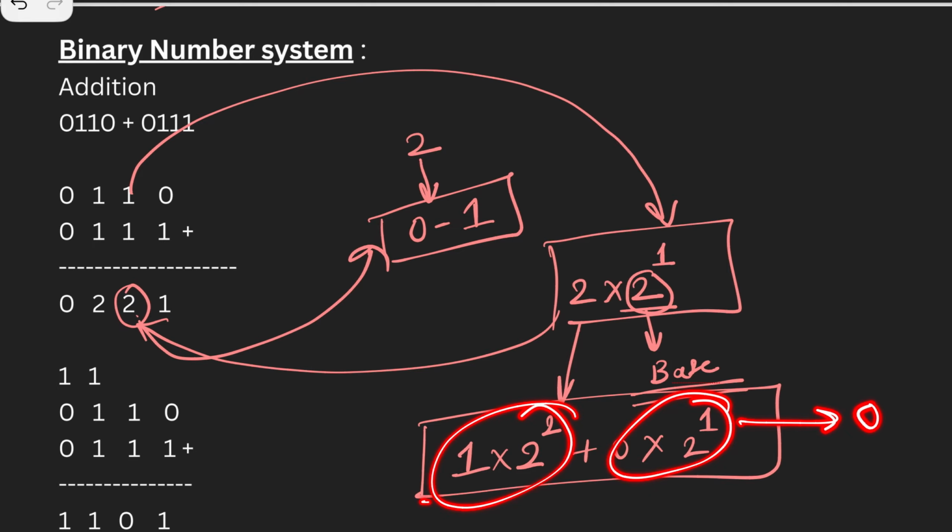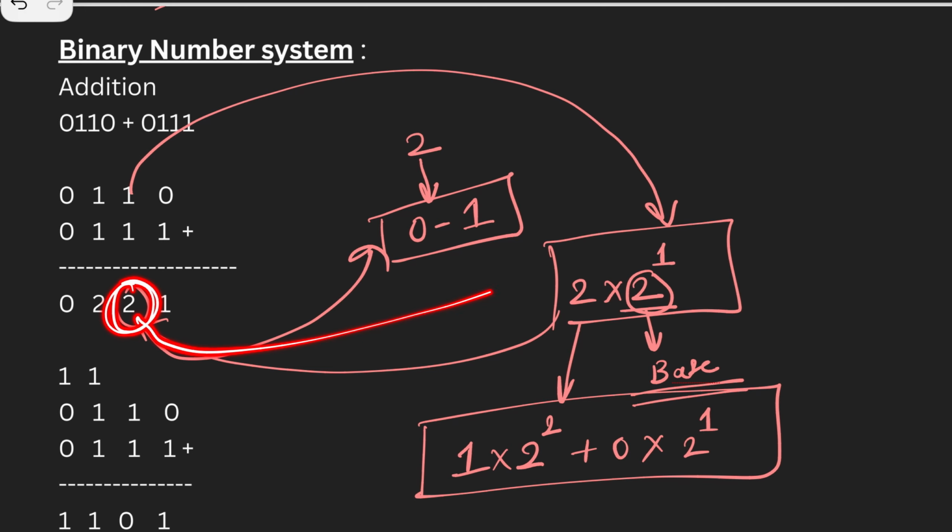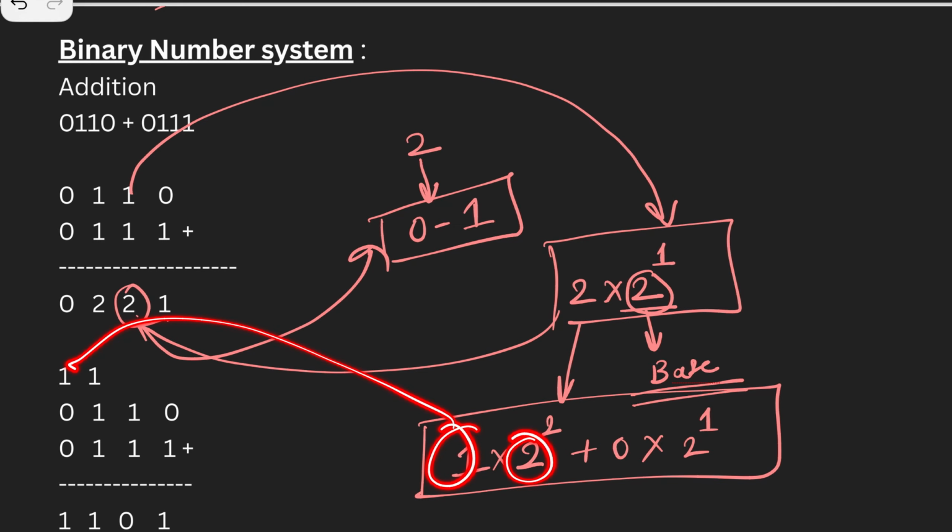And we have 1 into 2 to the power 2. This 2 into 2 to the power 1, we multiplied and we got 1 into 2 to the power 2. That means 2 at this particular place can be moved to the very next place and the value is going to be 1. This is the value, right? This is the base and this is going to be the position.